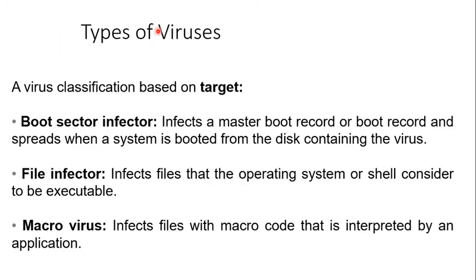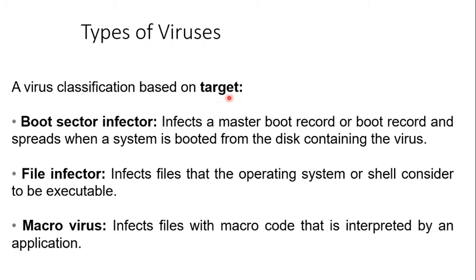Next, let us get into the types of viruses. Basically, viruses are classified into many types based on different scenarios. Here is one such scenario: it is based on the target. What do you mean by target?